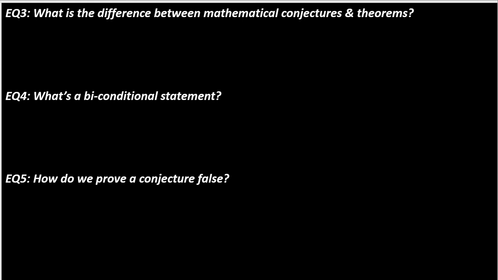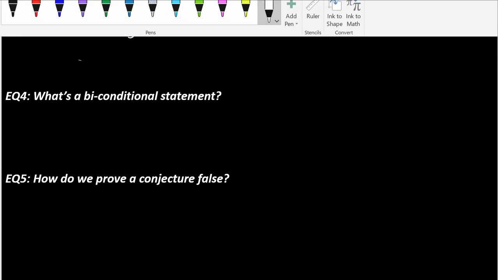First, let's address EQ3. So EQ3 is asking, what's the difference between mathematical conjectures and theorems, right? So let me give you an example of a conjecture. Okay, so if x is less than y, then, well, no, that's a bad example.